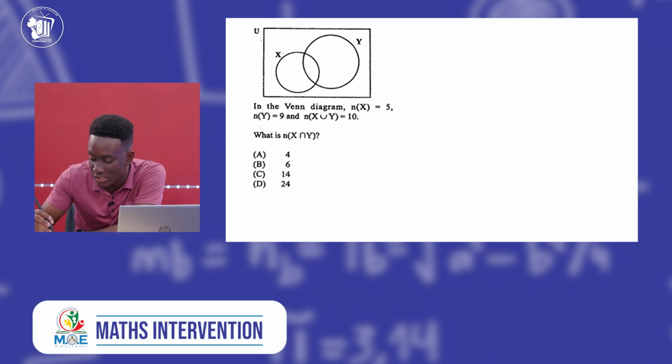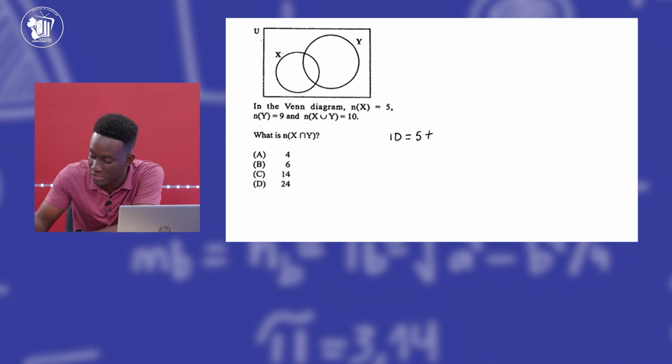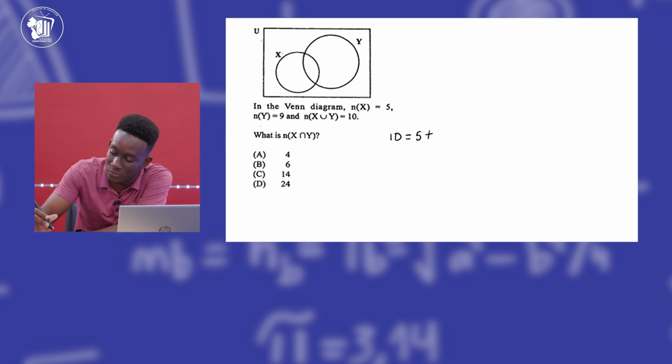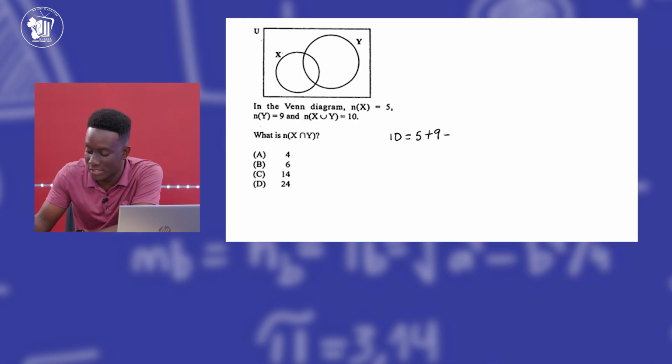So the number of elements in the union, which is 10, is equal to the number of elements in the first set, which is 5, plus the number of elements in Y, which is 9, minus the intersection, the number of elements in X intersect Y.